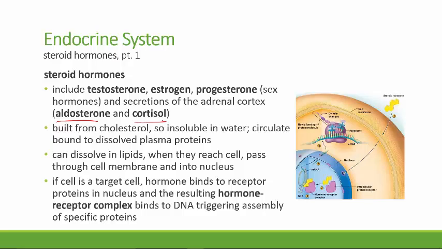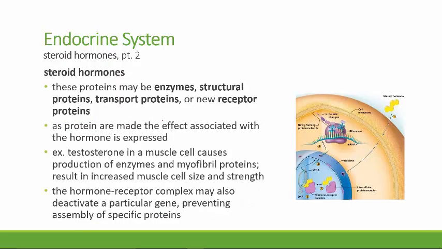The hormone binds to that receptor, and the resulting hormone receptor complex will trigger the assembly of specific proteins that then have the effect that we associate with the cell. And those proteins can be enzymes, and that's how we turn on new metabolic processes.